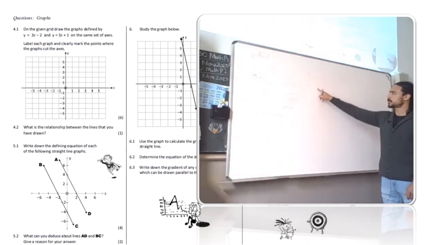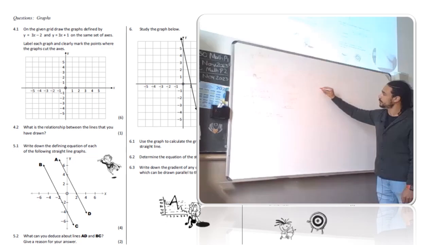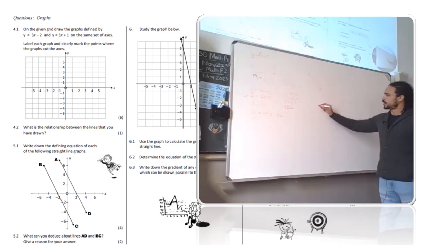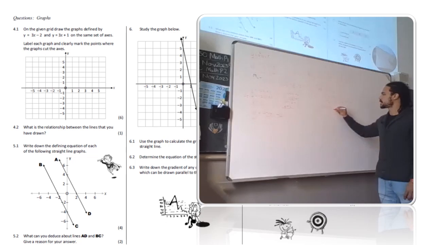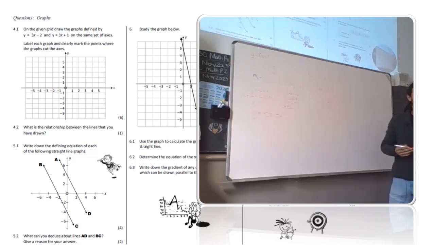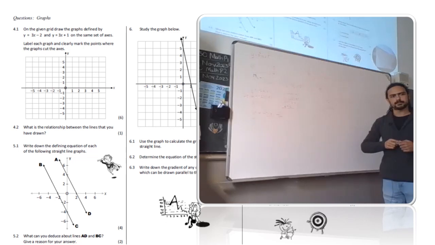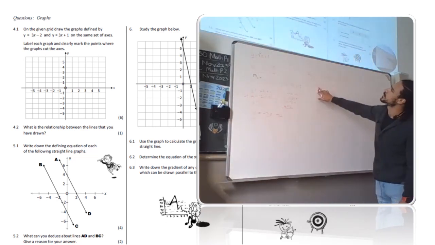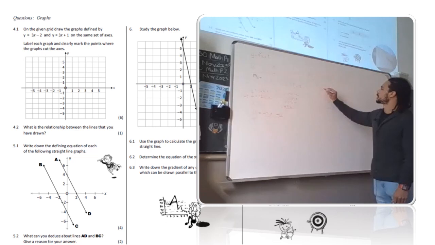what have we worked out now? The gradient of BC. So I have y is equals to m, and I say m is equals to negative 2x plus c. Can we see what is the c value of BC?